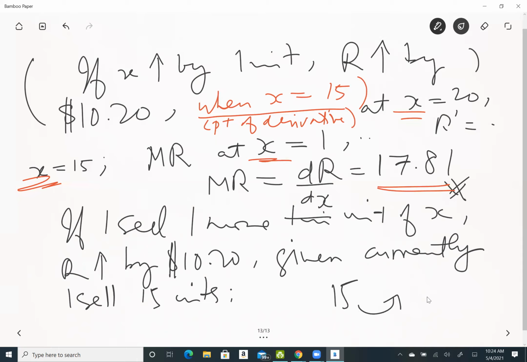So when I sell 1 more, that is the 16th unit. Then my revenue will increase by how much?